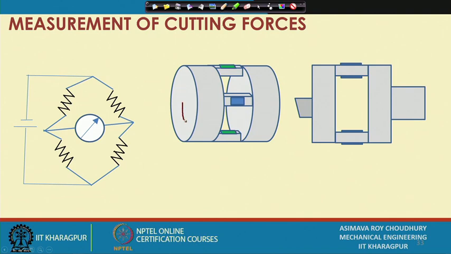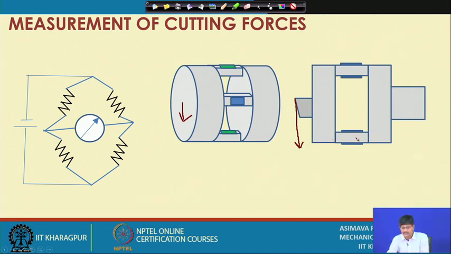If we apply a force downwards, we will observe that all these will be bending as beams, with the neutral axis somewhere here, due to the moment caused by this downward force. If we have the cutting tool here, we are seeing the side view, together with this force acting as the main cutting force, we will be having the bending of all such sections.